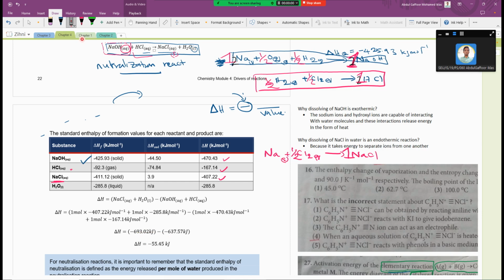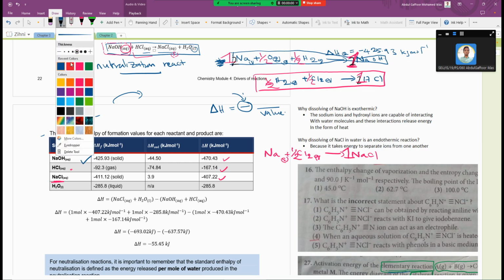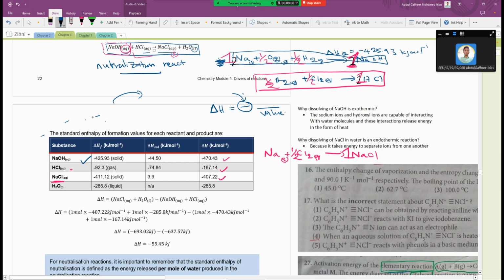So from this you can tell the dissolving of NaCl is an endothermic reaction. You can just tell, right? For example, if you are asked to write down an example chemical reaction for an endothermic reaction, then you can write this way: NaCl solid becomes NaCl aqueous.